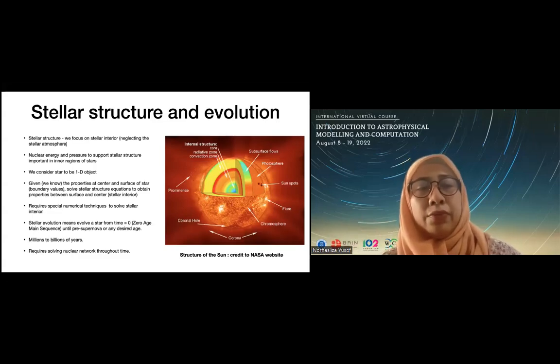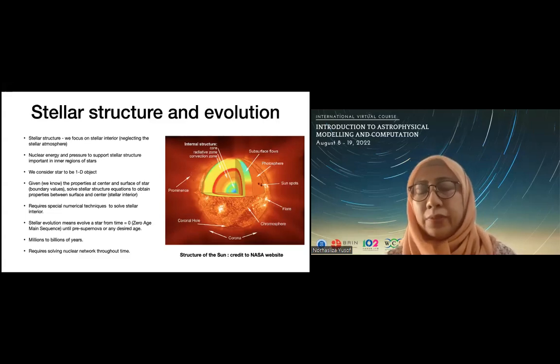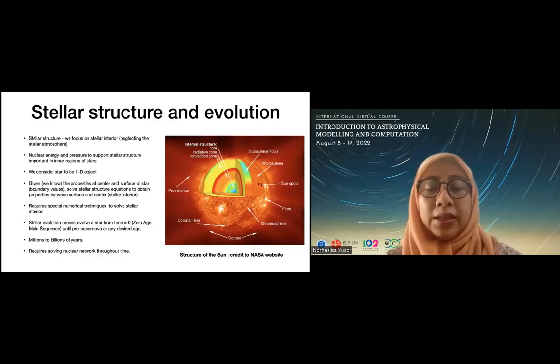If we know the properties of the star at the center and the surface, for example the center we learn from standard physics knowledge, and the surface we learn from observation, these two sets of parameters are known as boundary values.